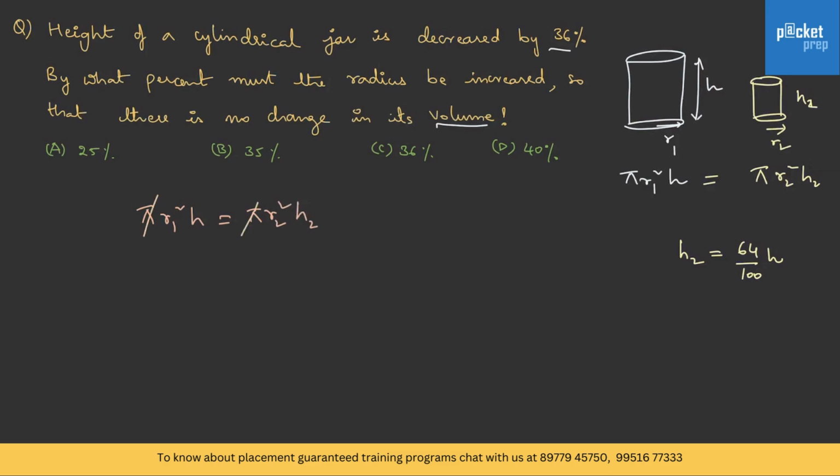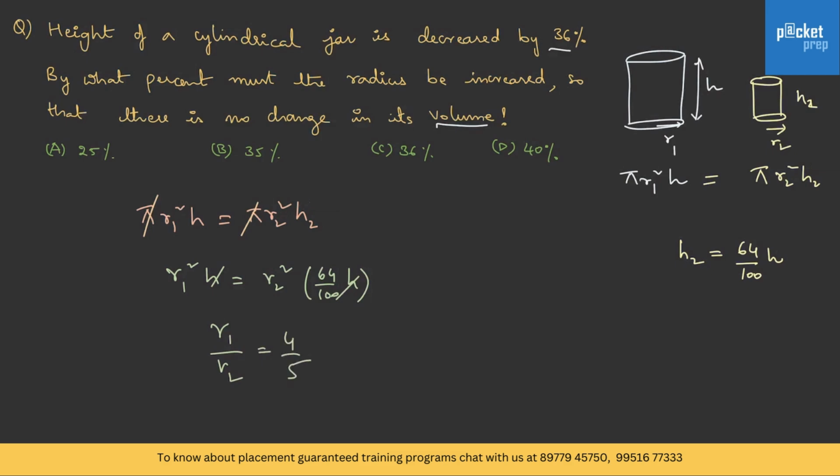Pi can be cancelled, we are left with r1 square H is equal to r2 square H2. H2 we already know, it is 64 by 100 into H. So again we can cancel the H, then we are left out with r1 square by r2 square. So from this I can write r1 by r2 is 4 by 5.